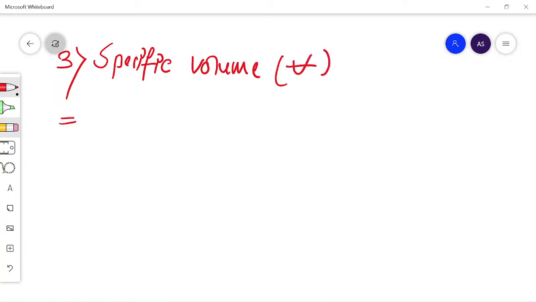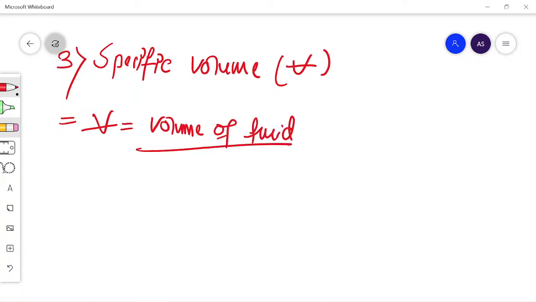This is nothing but the volume of fluid, because we are dealing with fluid motion, divided by the mass of the fluid.